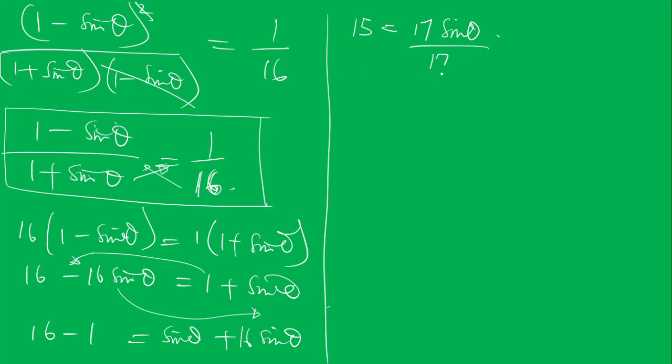Dividing all through by 17, this cancels out. You have sine theta equal to 15 all over 17.